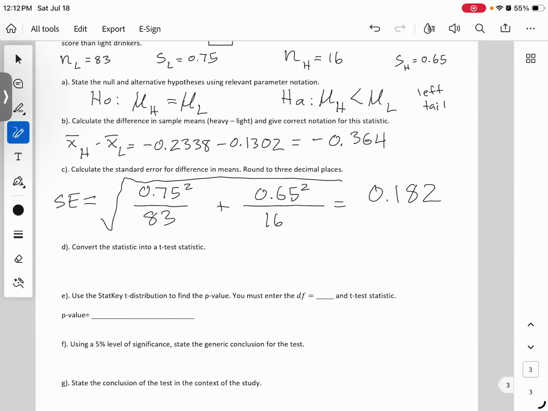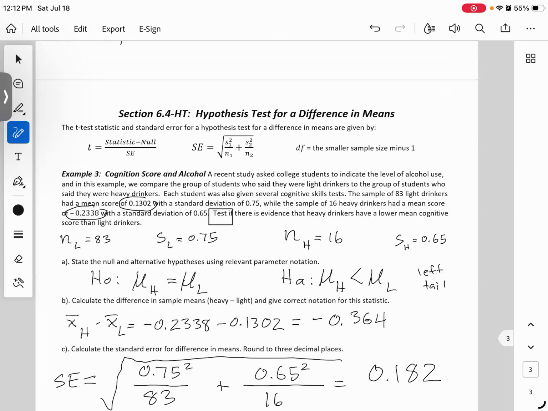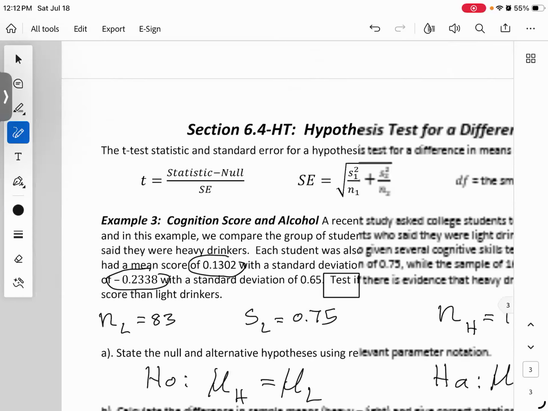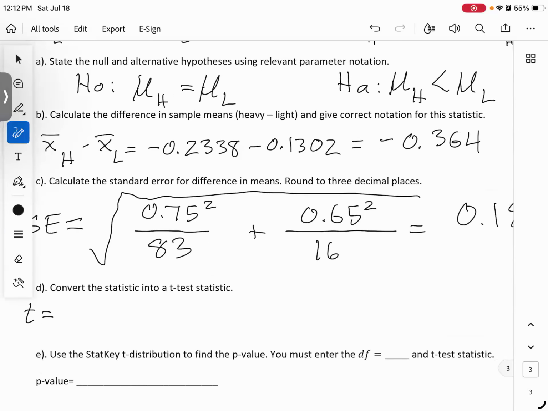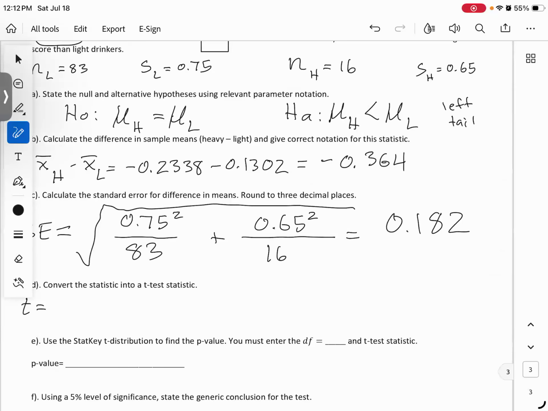Now, for your statistic, it's up there. The reminder is there, right? That if you're doing statistic minus null over SE to get your t-test statistic. So our statistic is the negative 0.364. And then minus the null value. Remember, null right now is set up to say the 2 groups have no difference, which would make the null value 0.